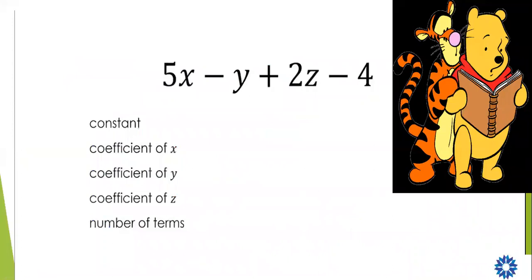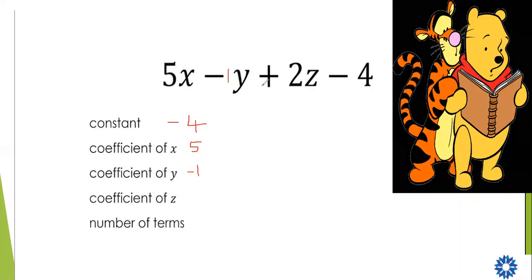For example, now tell me, what is the constant? So the constant is minus 4. Very good. Coefficient of x is 5. Coefficient of y: here nothing is written, it means 1, so the coefficient of y is minus 1.